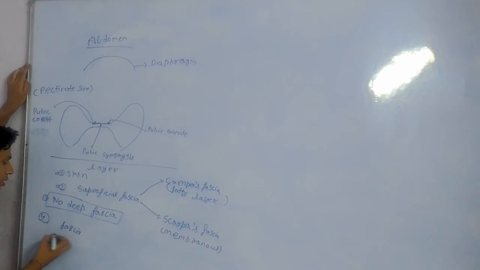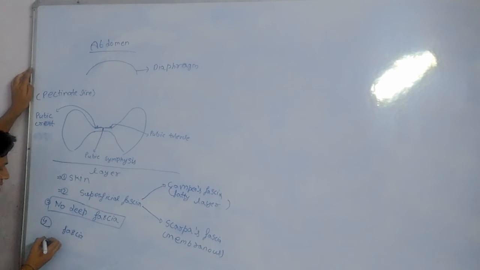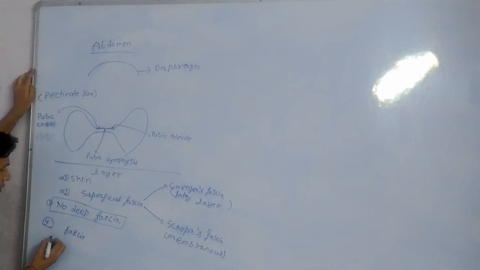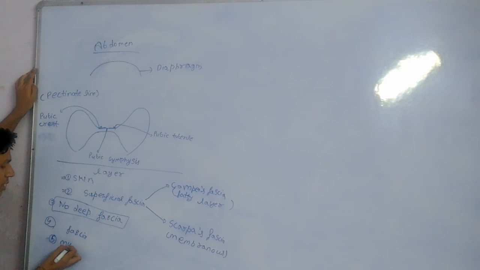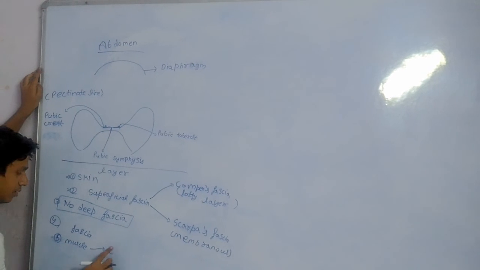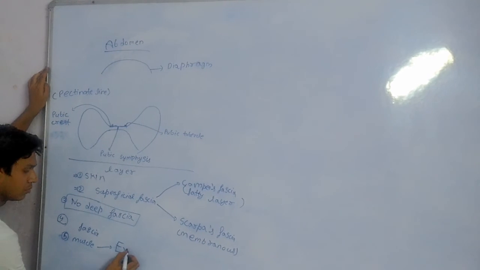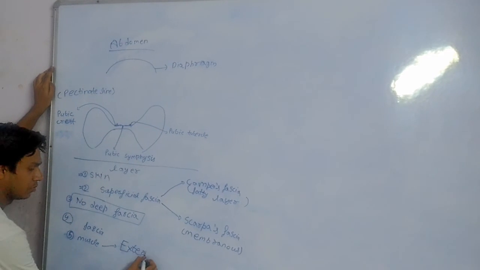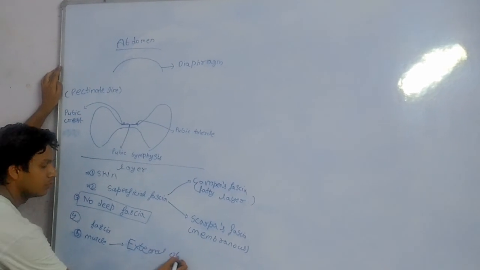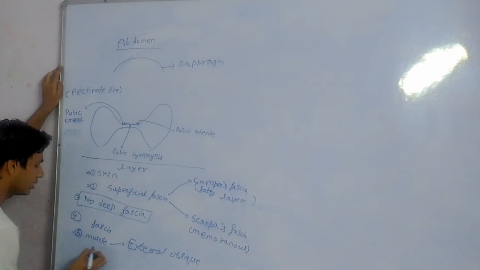And again after this fascia, muscles present. Three muscles present. First is external oblique muscle. After this, again fascia present.